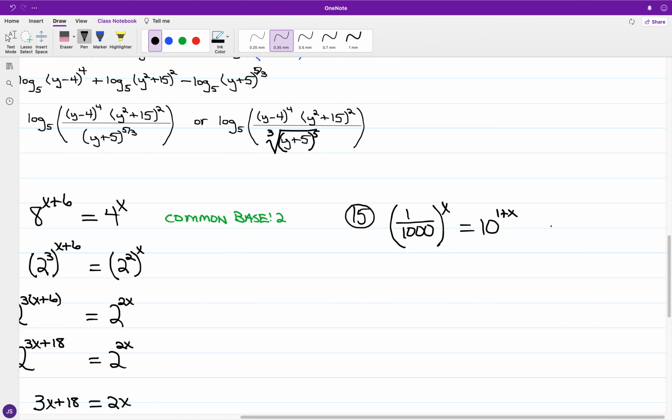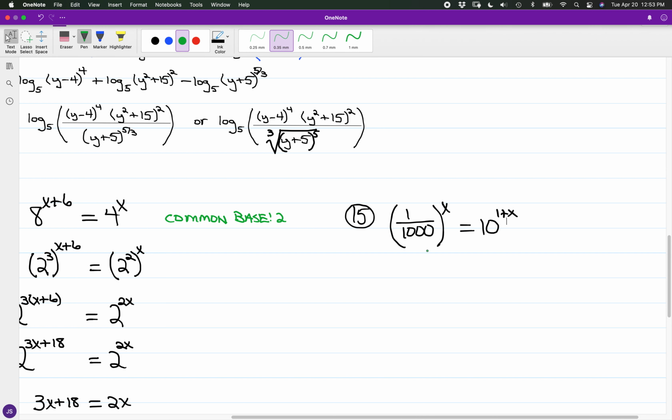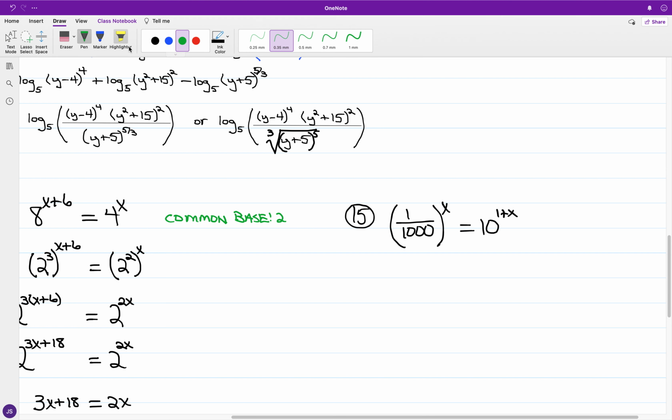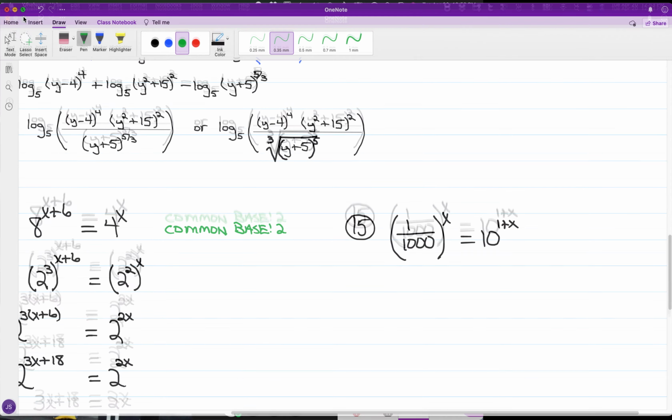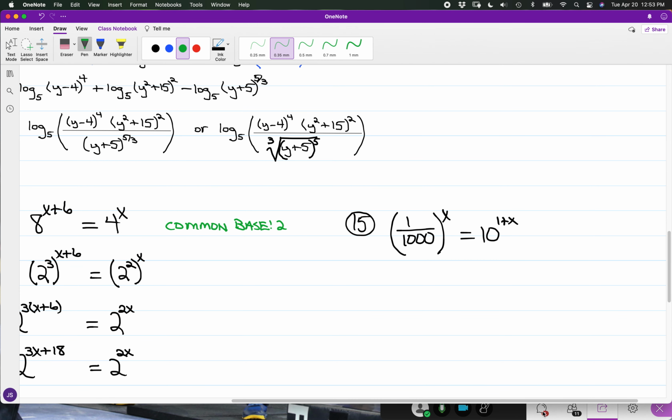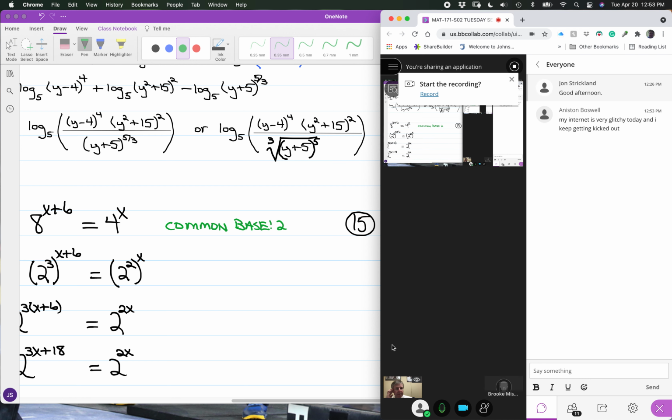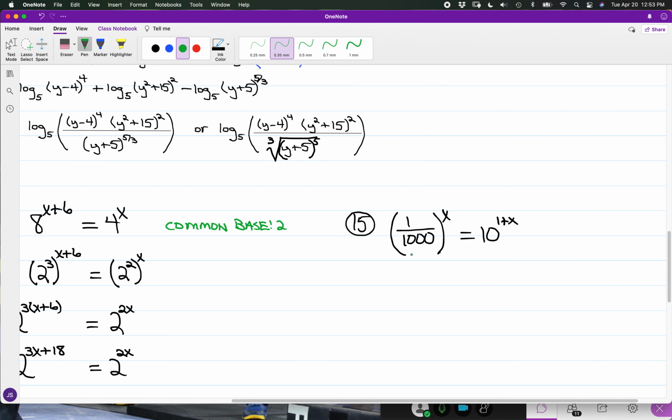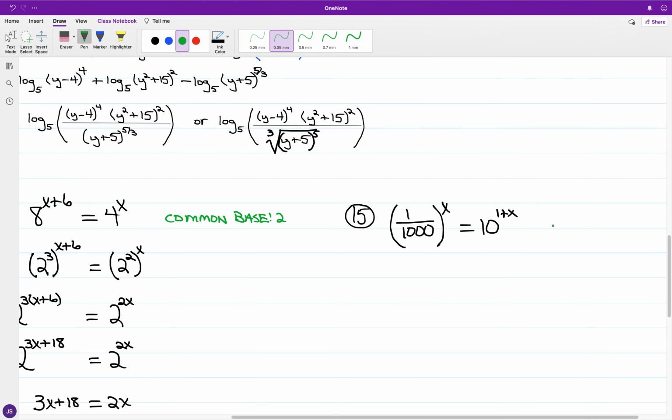So for this setup, we got the reciprocal of 1,000, and in the case of what we have with 1,000 as well as 10, there's going to be a common base with 10.